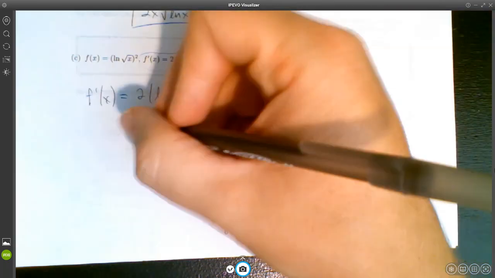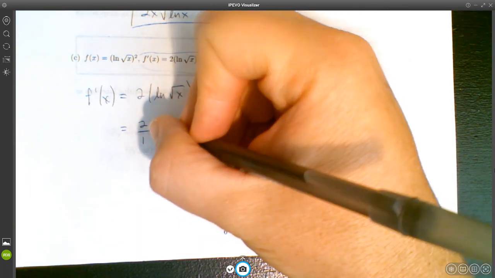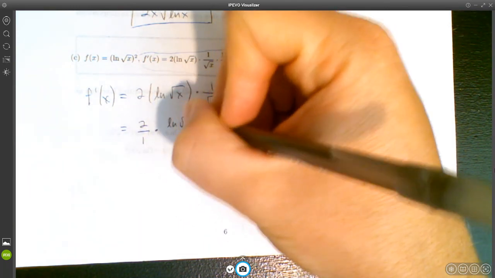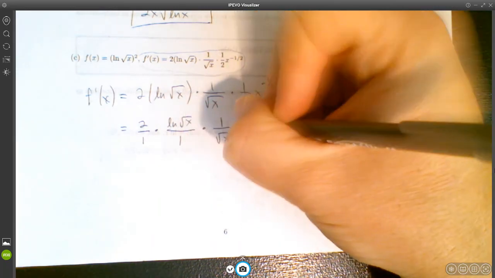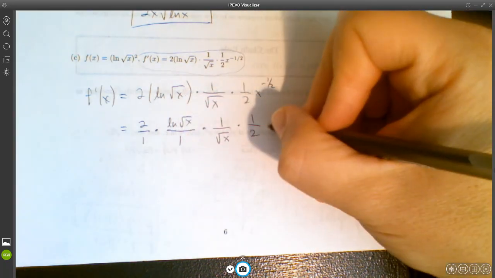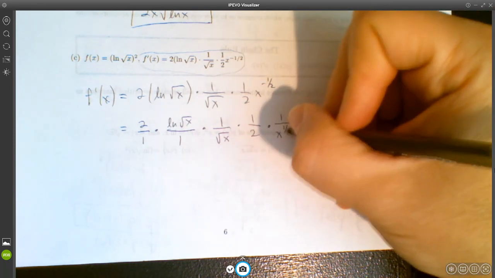I'm going to rewrite all of these individual factors as fractions. 2 over 1, ln root x over 1, 1 over root x, 1 over 2. And then x to the negative 1/2 is the same as 1 over x to the positive 1/2.